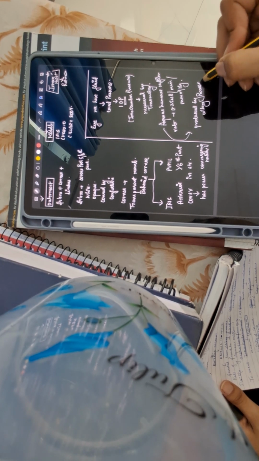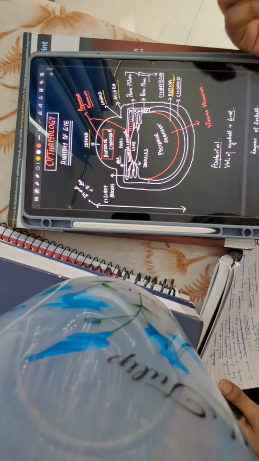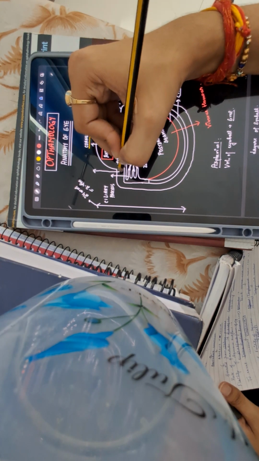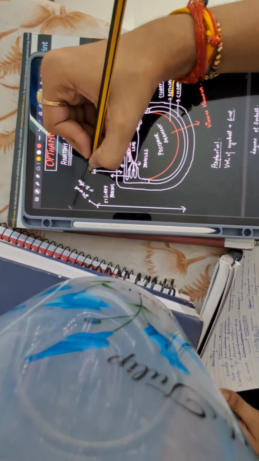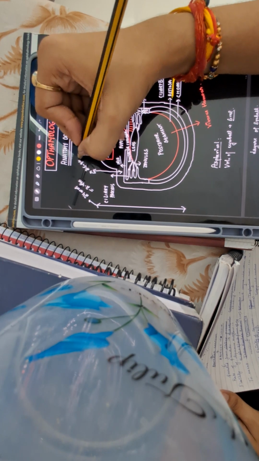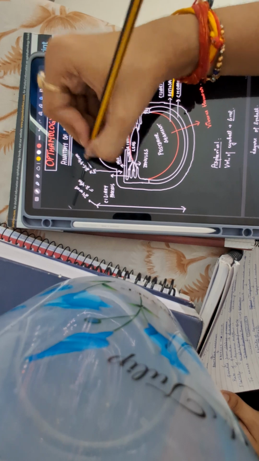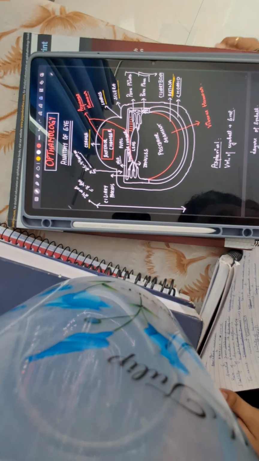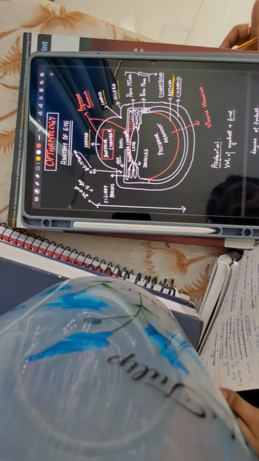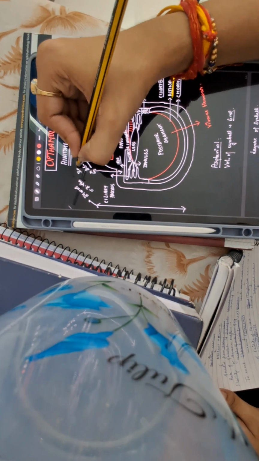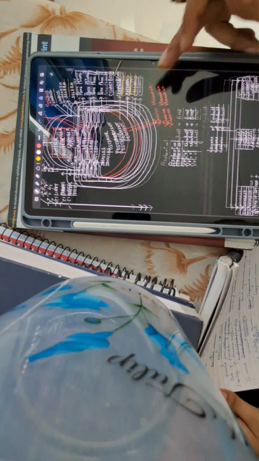And the depth of the anterior chamber is about 2.5 to about 4.4 centimeters. Sorry, mm actually. So it's about 2.5 to about 4.4 mm, or an average of 3 mm would be the way to learn it.